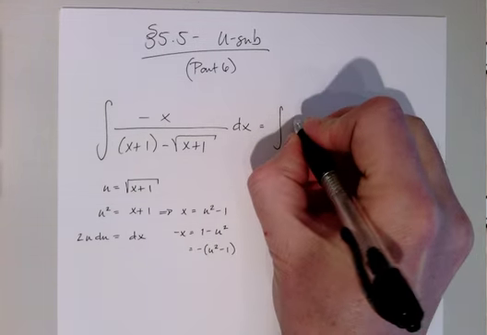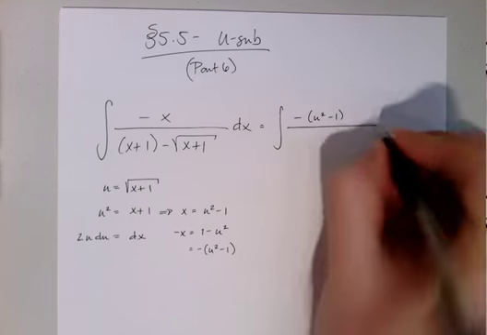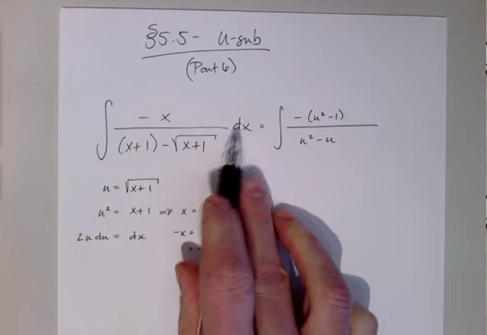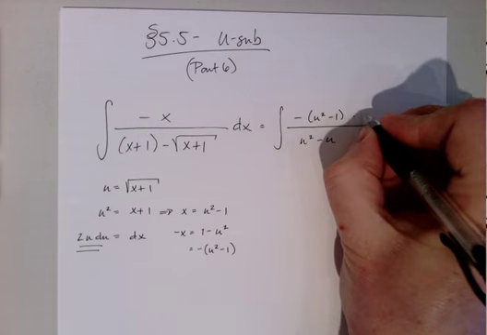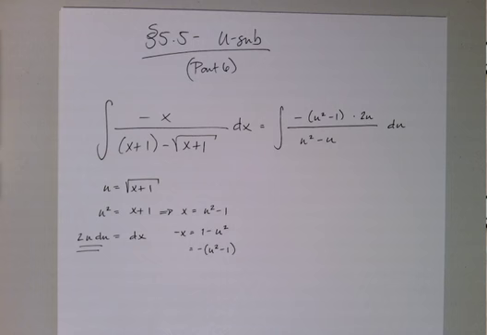So we have negative u squared minus 1. Okay, this denominator is going to be u squared minus u. The dx is going to be this whole expression right here. So let's go ahead and put 2u up there, and we can put the du right there.